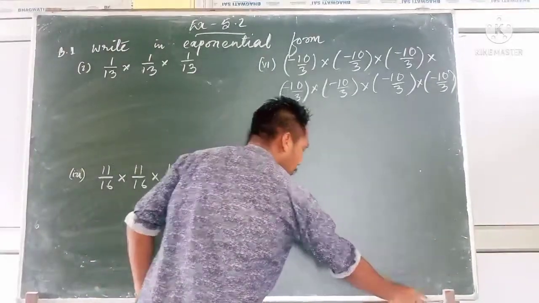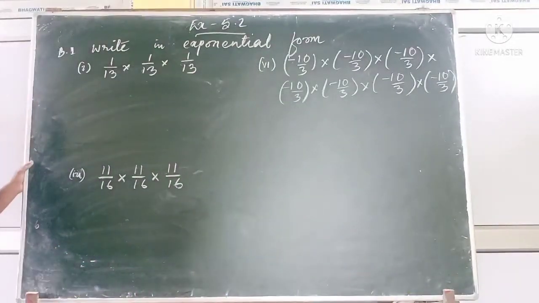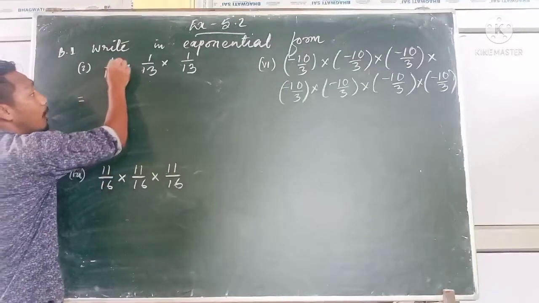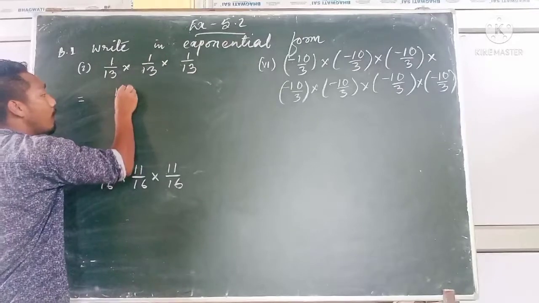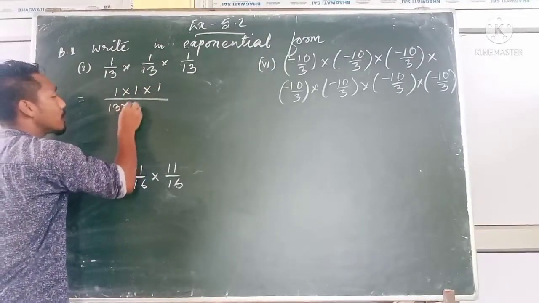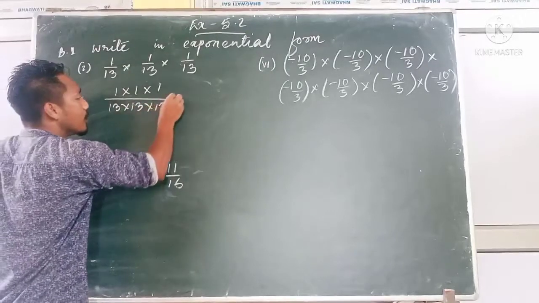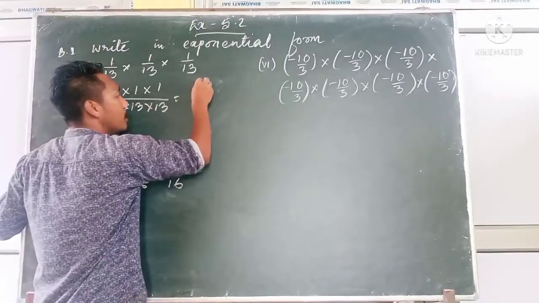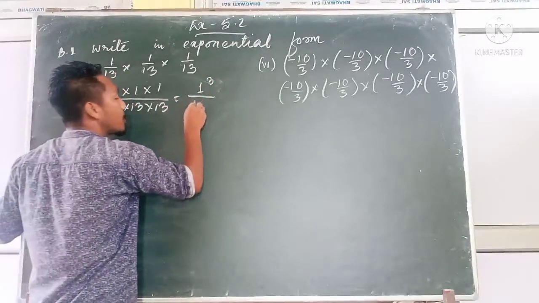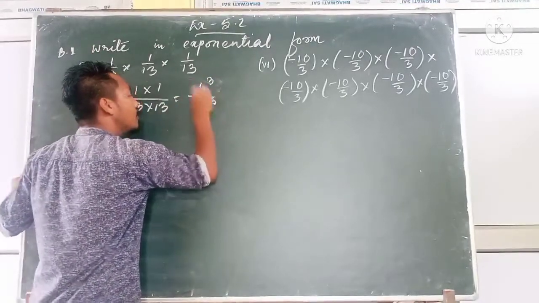So let's start with the first question, that is 1 by 13, 1 by 13, 1 by 13. Okay, so we have 1 into 1 into 1 divided by 13 into 13 into 13. 1 into 1 we have three 1s, that means we can write 1 to the power 3, and 13 also we have three 13s, that means 13 to the power 3.